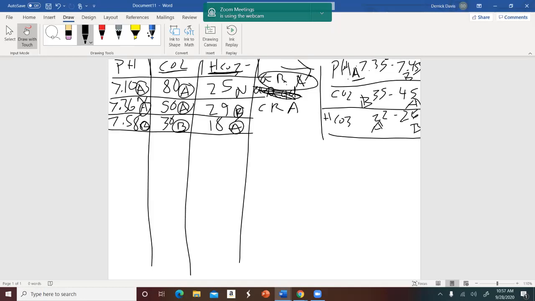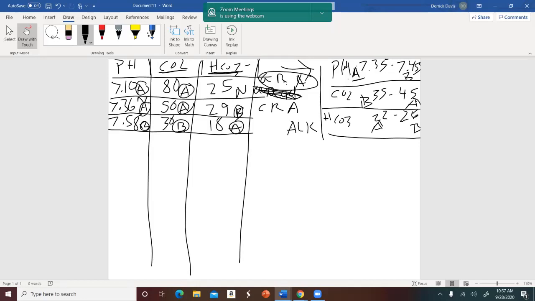Okay, so let's break this down. I have a pH that's an alkalosis. I have a basic, alkalotic pH. So this is an alkalosis of some sort, ALK. Well, remember what I said a bit before? I'm going to match up the letters.